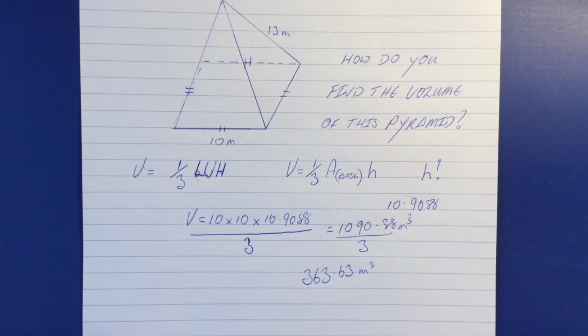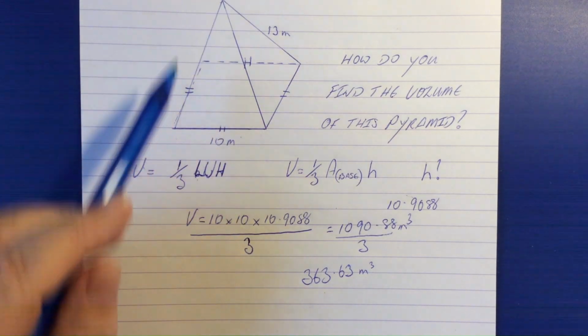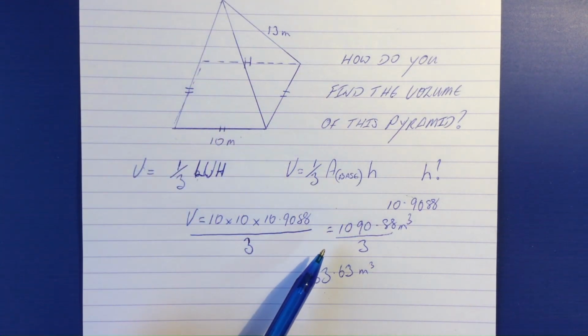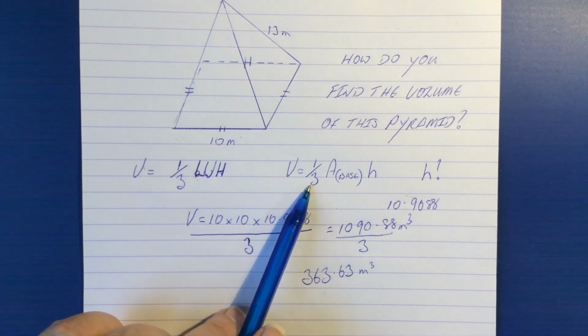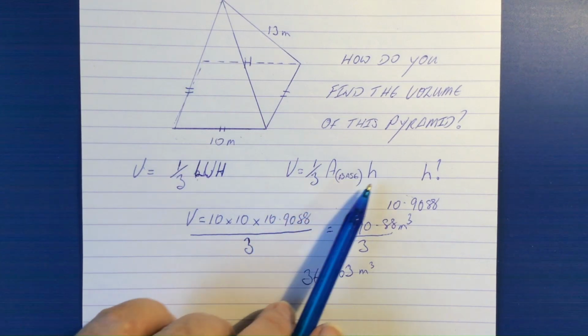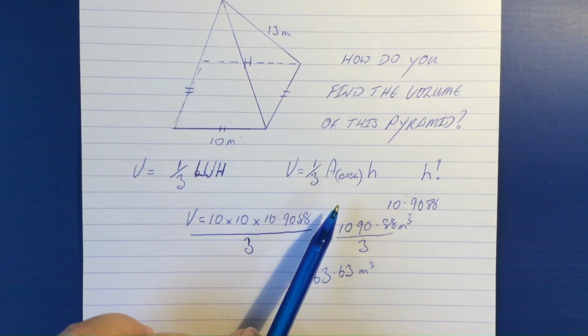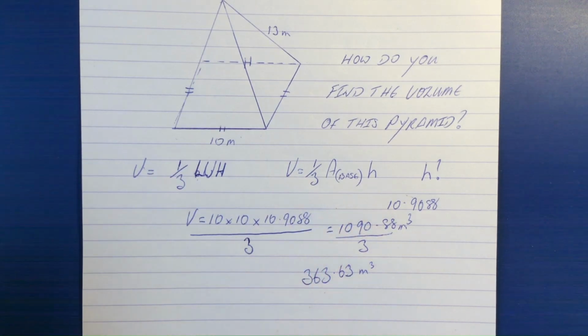And jumping a little bit ahead to another possible video, when you're faced with a cone, again, it's going to be 1/3 times the area of the base times the height, which, if you translate that into conical terms, the base is a circle, so it's 1/3 pi r squared times the height. But we'll get to that at some stage.